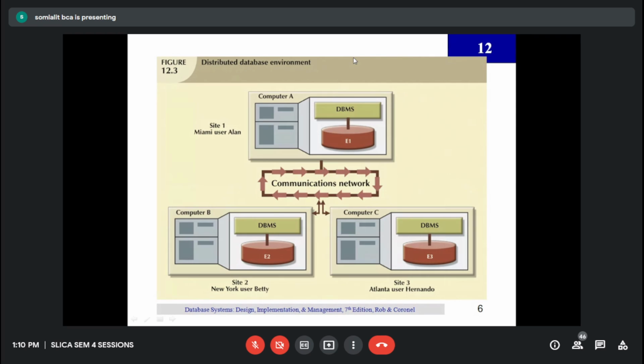Next is your distributed database. As I said, employee data, but now it is distributed at 3 different locations: on computer A, computer B, and computer C. Okay, so it is being distributed at different locations.